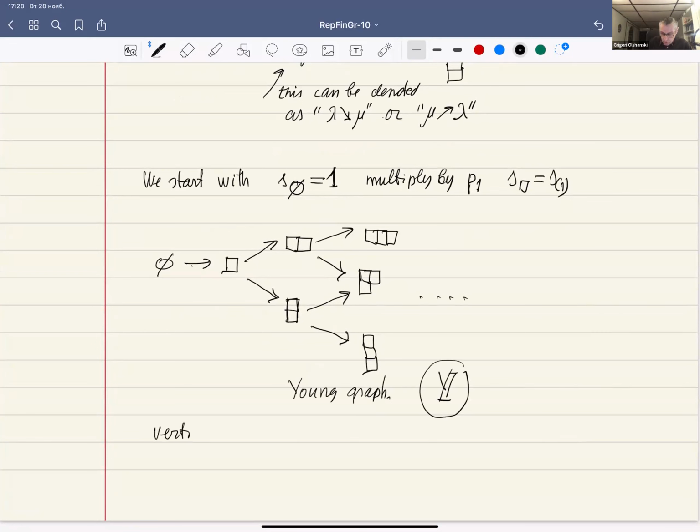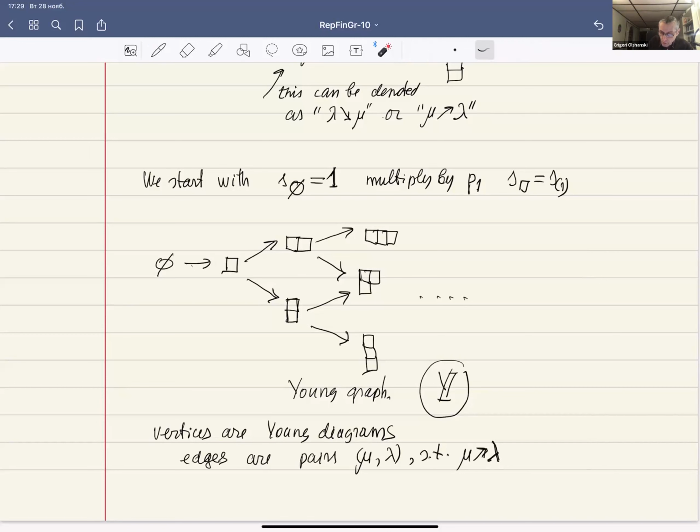Vertices are Young diagrams, which I also denote by the same symbol, and its edges are pairs of two Young diagrams such that one diagram can be obtained from the other by adding a box.